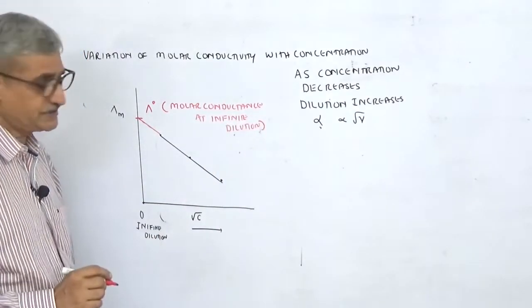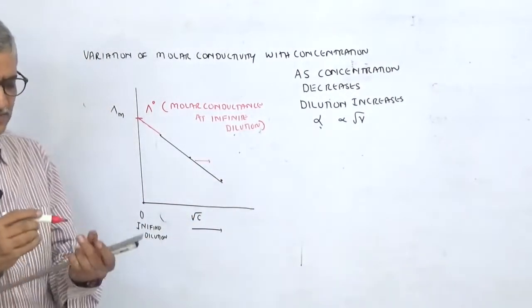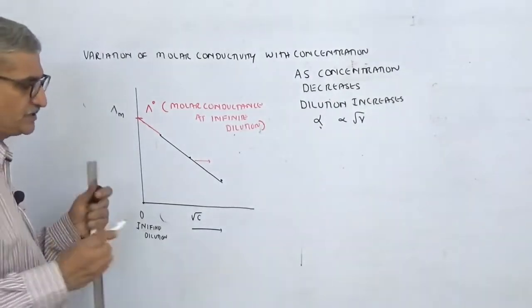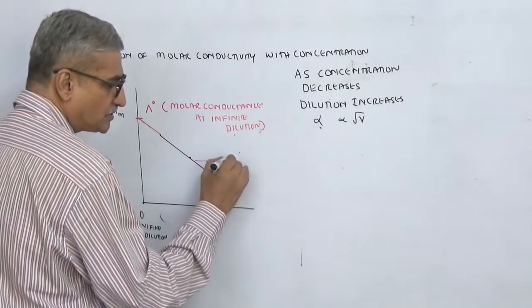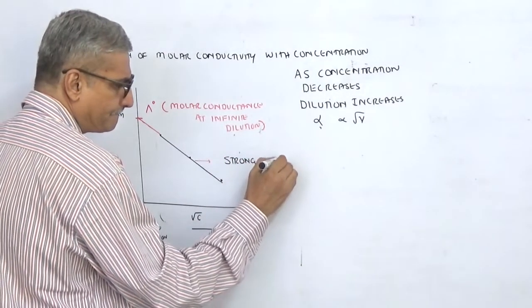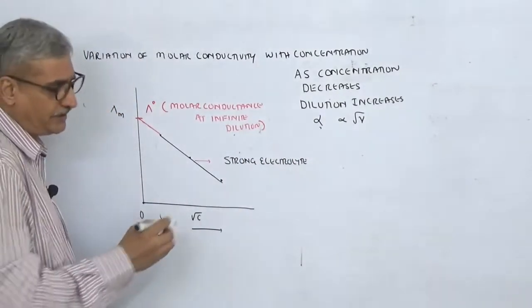Now what is the next thing? So this was a graph for what? This was a graph for a strong electrolyte. Now what happens for a weak electrolyte?